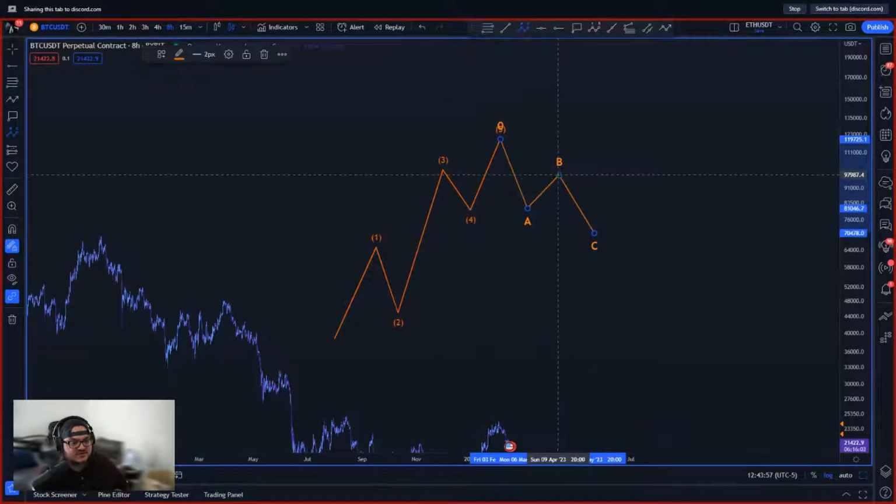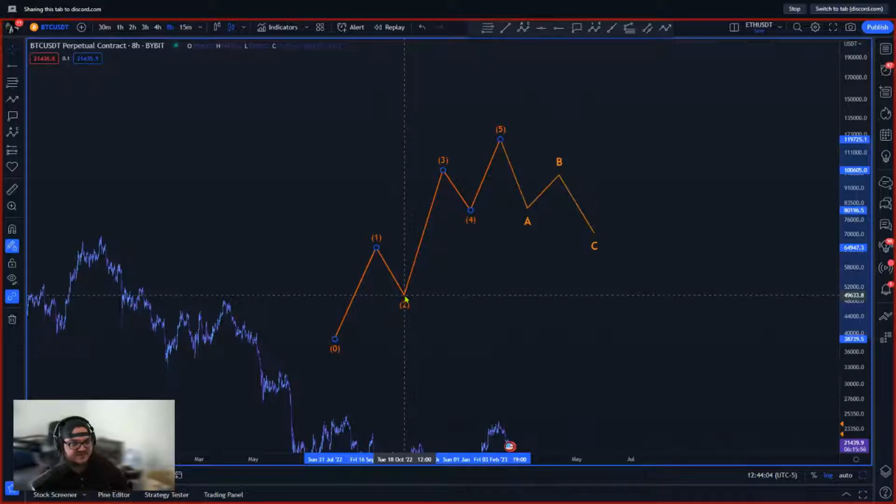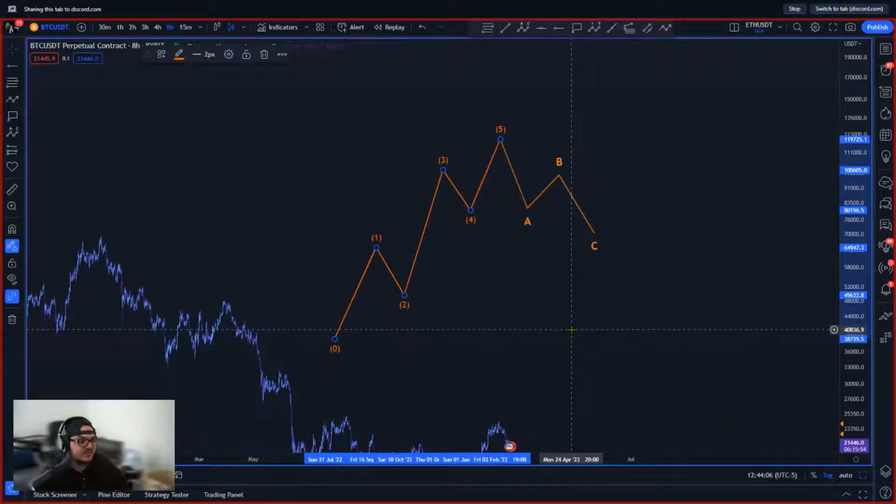Basically, this is challenging the complexity of Elliott wave theory and what it comes with. One of the things I've preached, one of the things I believe when it comes to trading, is that more does not equal better.